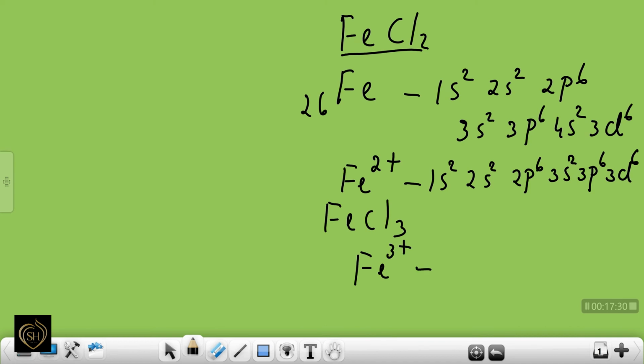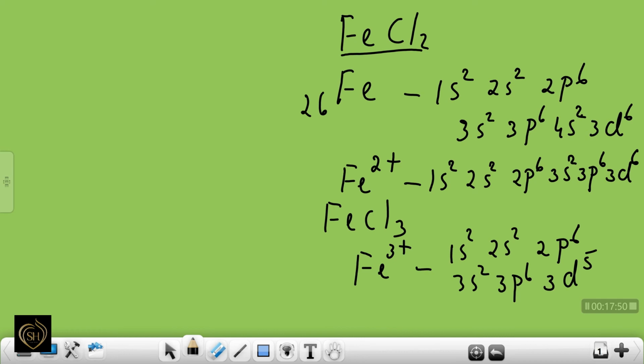So they lose 2 electrons from 4s and 1 from the penultimate shell. That is 1s2, 2s2, 2p6, 3s2, 3p6 and 3d5. So look at the example, it is very important.